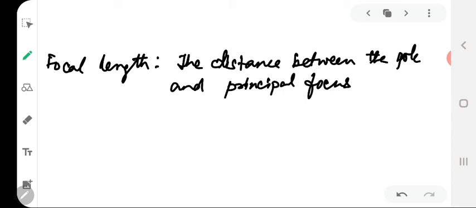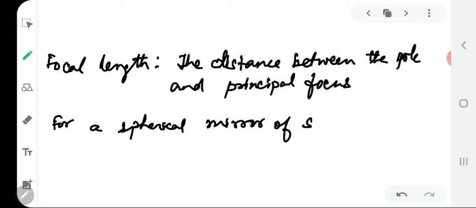Now we can write down a relation between radius of curvature and focal length of a spherical mirror. For a spherical mirror of small aperture, it is observed that the principal focus of the mirror lies exactly midway between its pole and center of curvature.